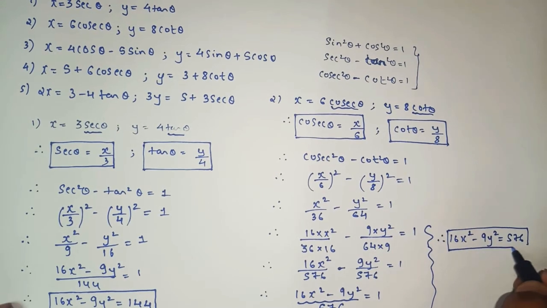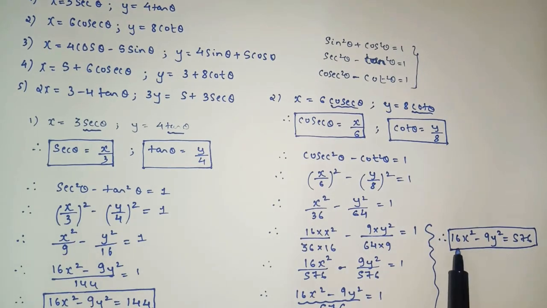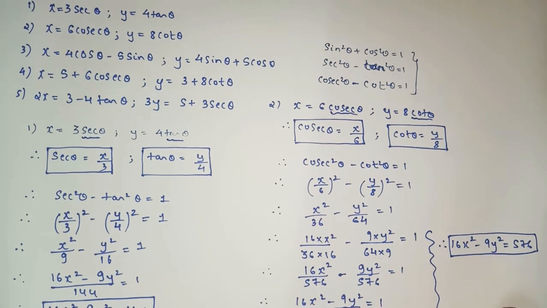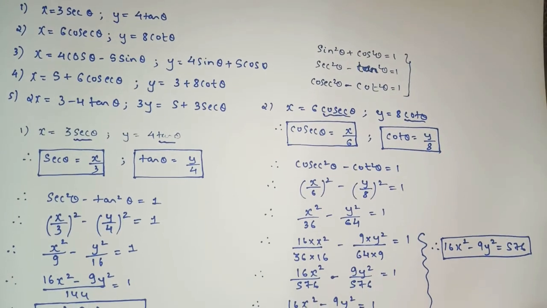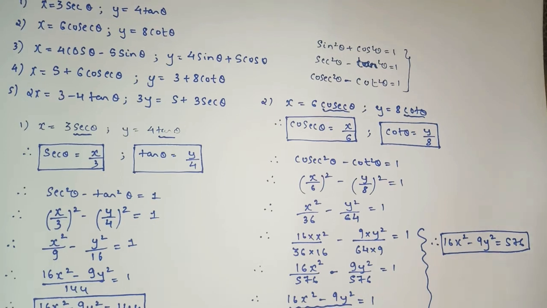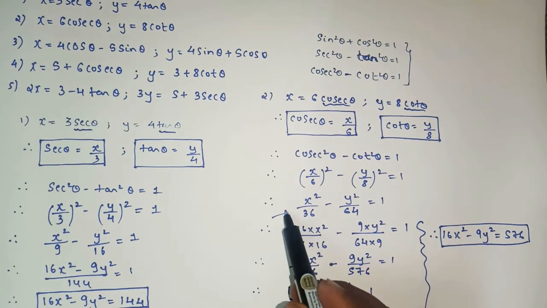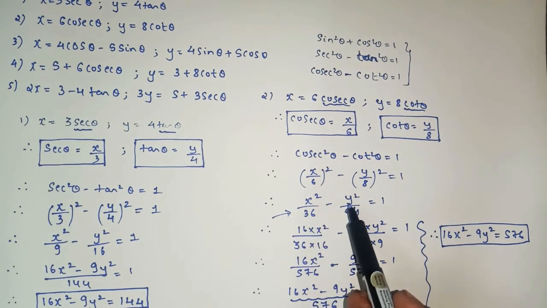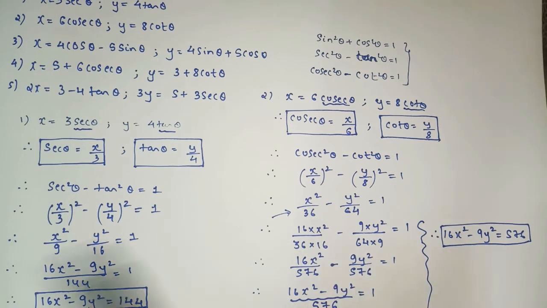In the required answer, clearly we can see that theta is not there. So what do we mean by eliminate theta? Eliminate theta means that in the final answer, theta should not be there. So in this way you have to present your sum. I hope you all understood this step: cross multiply and then reduce the number, or else make the denominator the same by using the LCM factor.